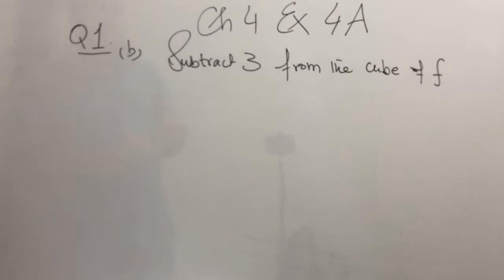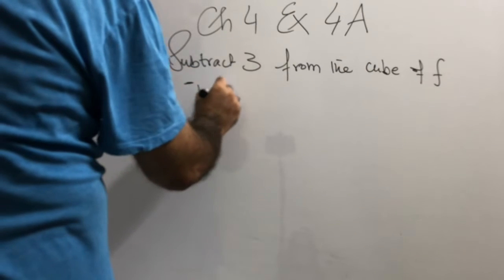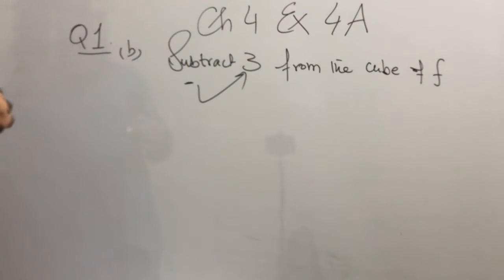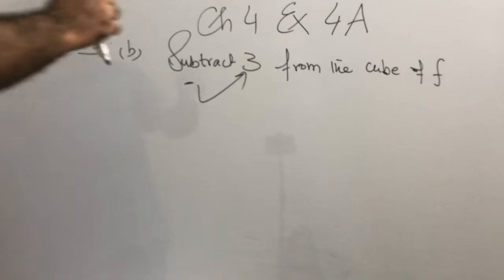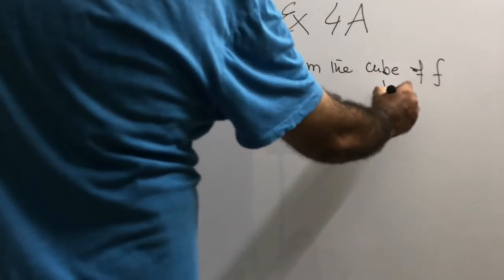Okay, so we need to subtract 3. When we subtract 3, the minus sign will come with 3. How to do it is from the cube of f. What is the cube of f?